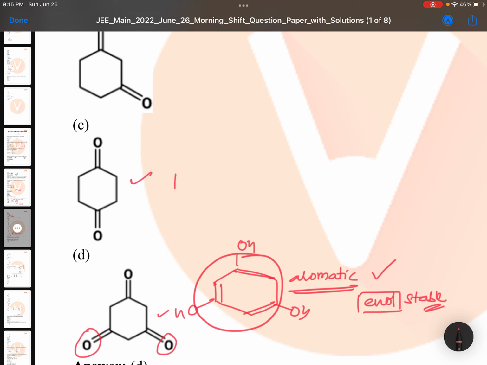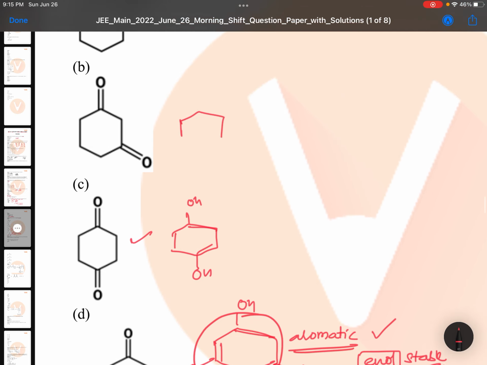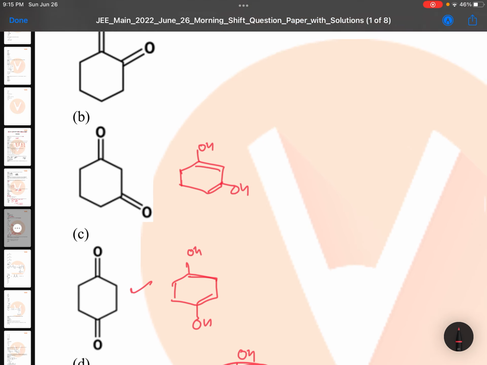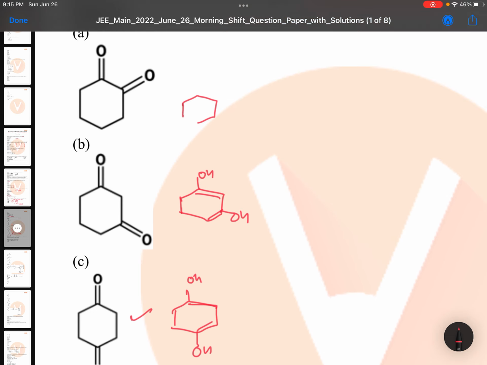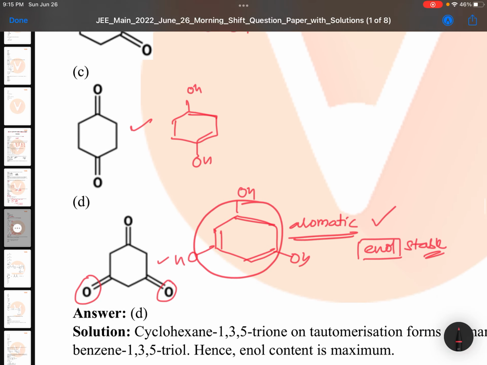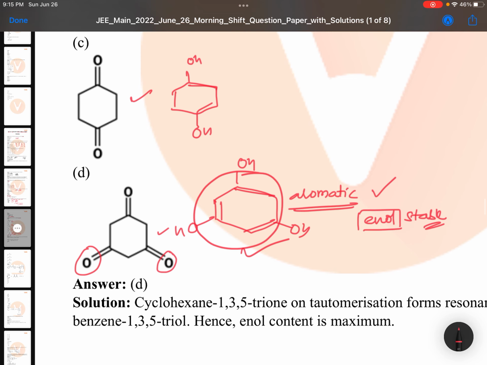In the other cases you can expect some conjugation, but nothing special. Little bit of conjugation, but this is aromatic. Aromatic dominates, so this is your answer.